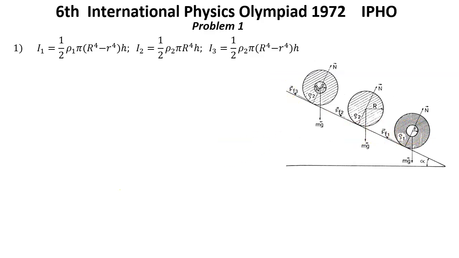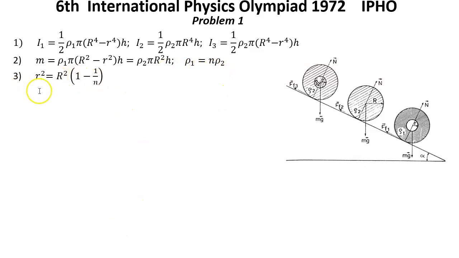Because the 3 cylinders have the same mass, we have mass equal ρ1 multiplied by pi multiplied by R square minus r small square, which is equal to ρ2 pi R square h. And also we have that ρ1 equal n times ρ2.